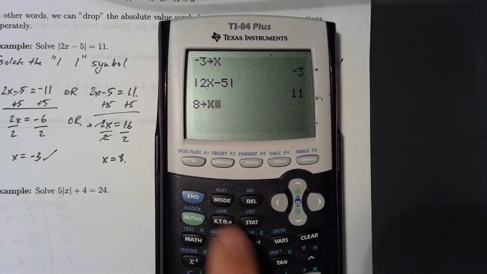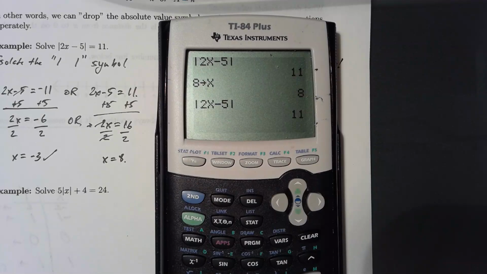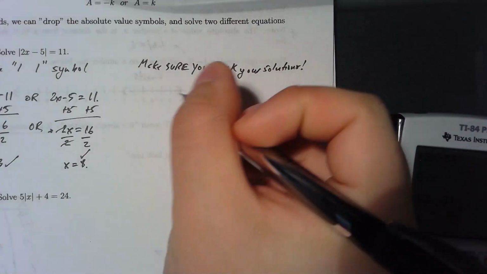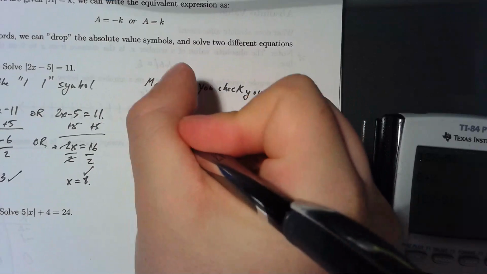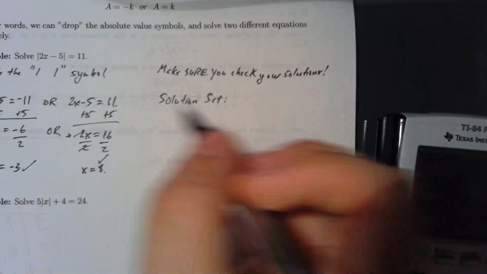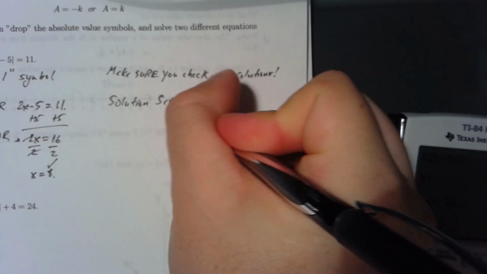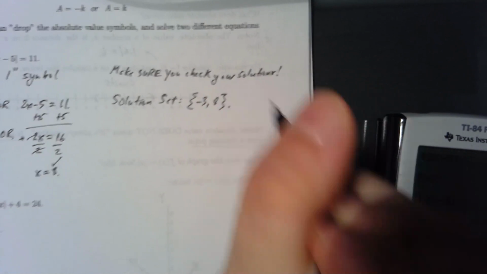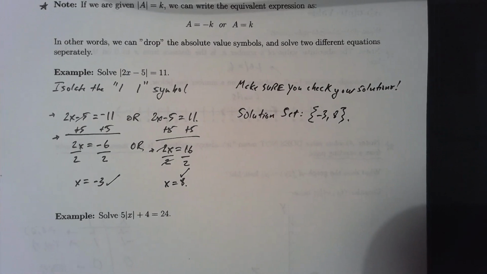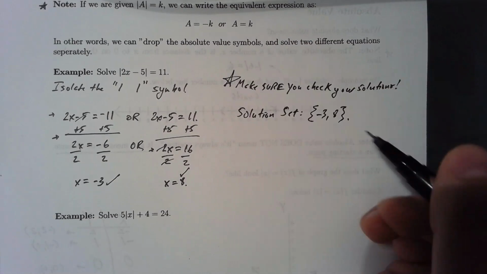Store 8 into x, and type in the equation again, and I get 11. That also works. So now that I checked my solutions, I can define my solution set. My solution set is the values negative 3 and 8.